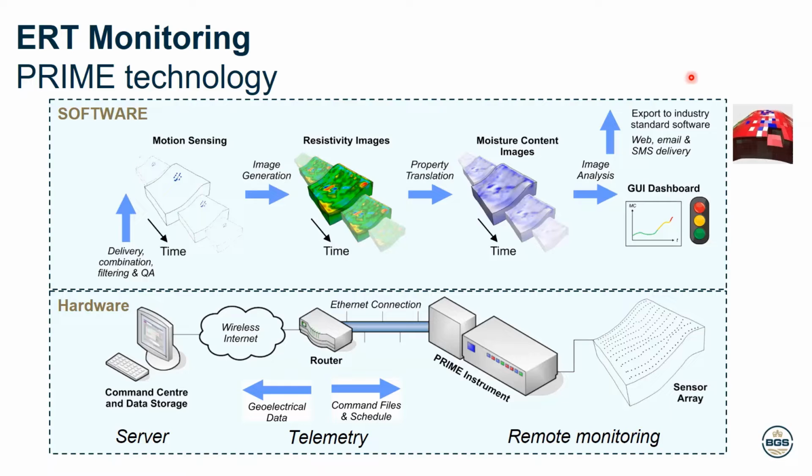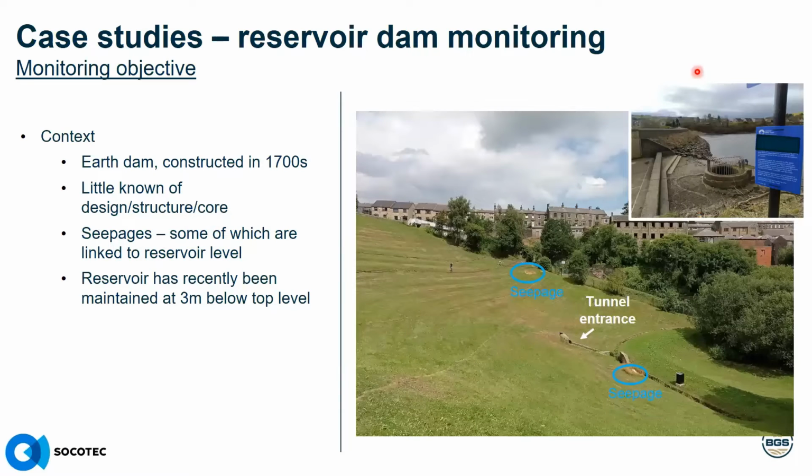Ultimately, thanks to some property relationship linking resistivity and other parameters such as moisture content, we're then able to access models of the moisture content through time at specific sites. So we'll illustrate this technology in a couple of case studies from our recent work in the team.